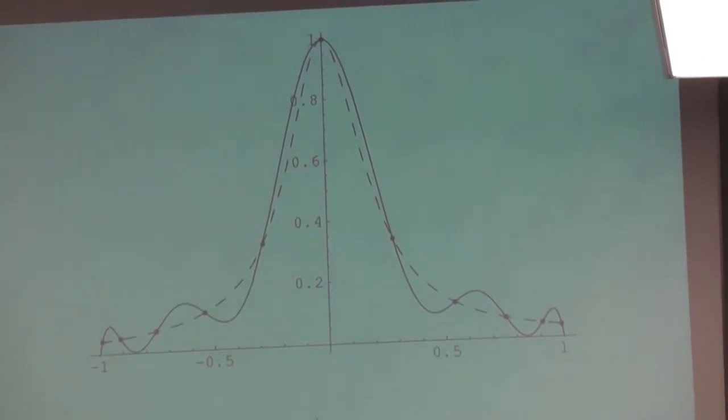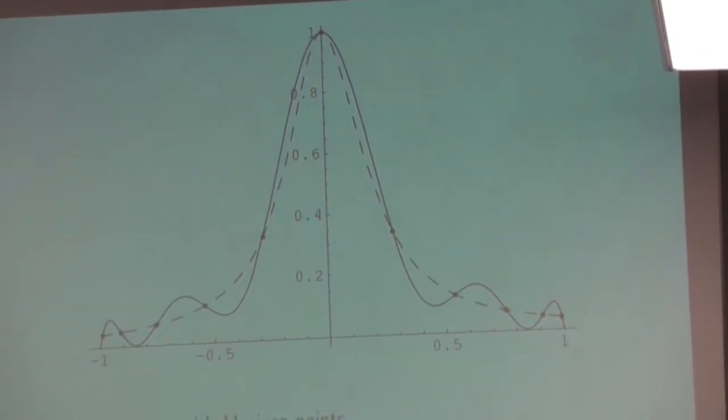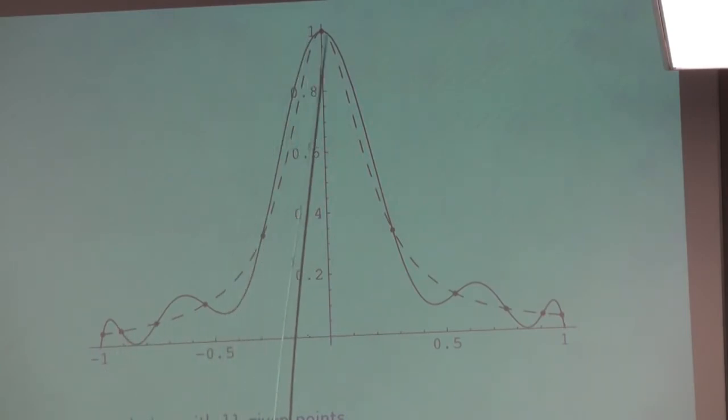Here, the number of points is still 11. But what we did is, we moved the points towards the margin. This one out, I mean this point, I guess it was here. And this one was here. So we moved these points towards the margin. And in the middle, the distance between the points is bigger, as you can see now.